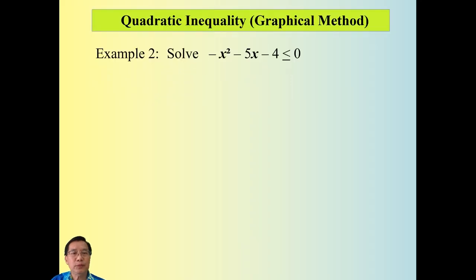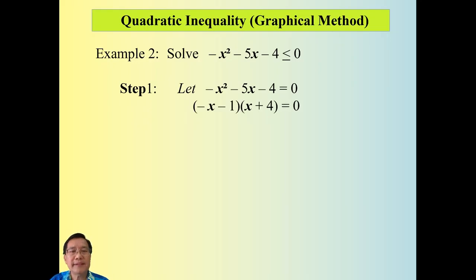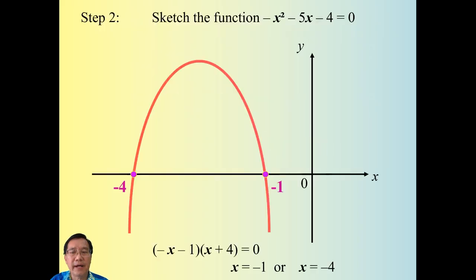Example number 2. Solve negative x squared minus 5x minus 4 less than or equal to 0. First step, let negative x squared minus 5x minus 4 equal 0. Factorize this quadratic equation. We have x equals negative 1 or x equals negative 4 as the critical numbers.